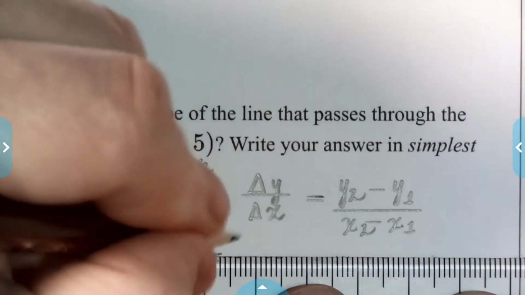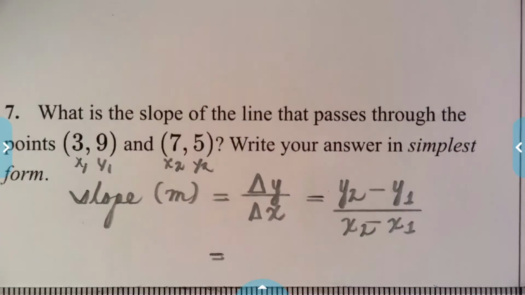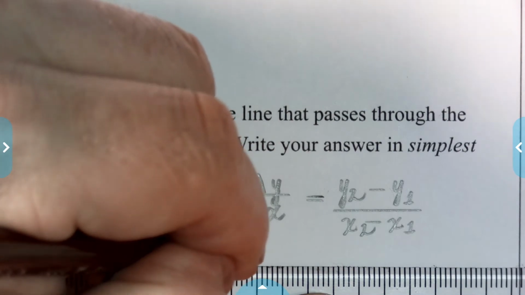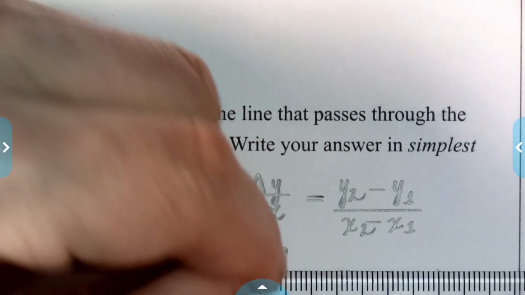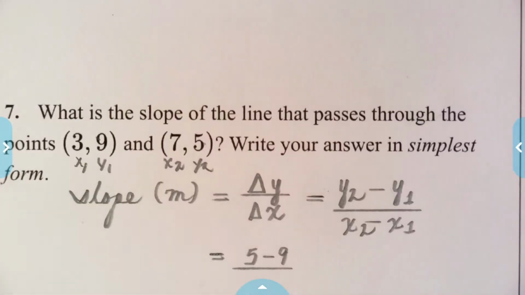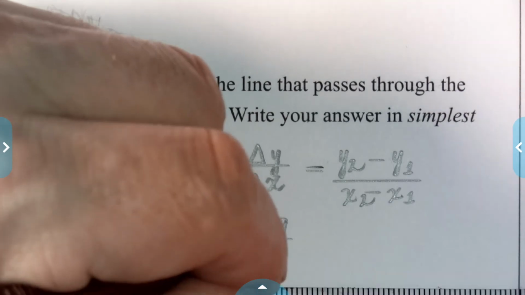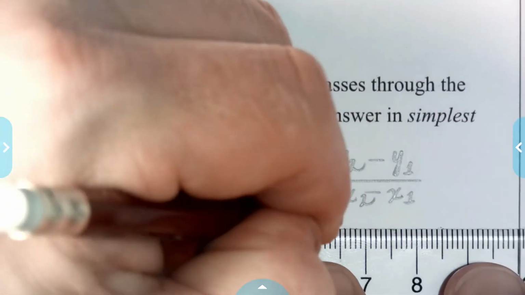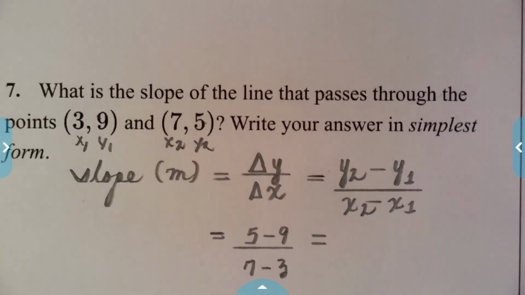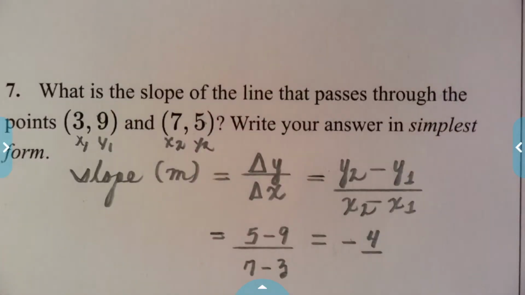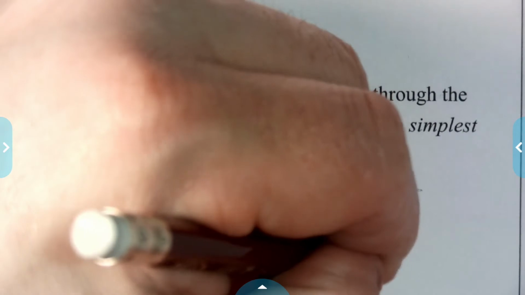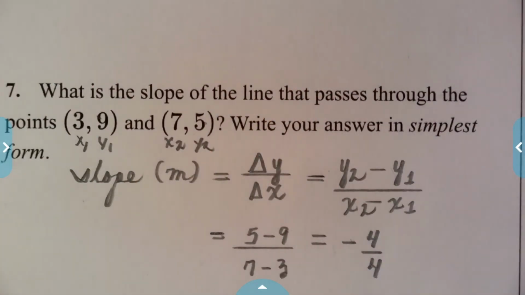So that's going to be 5 minus 9 over 7 minus 3. Okay, so 5 minus 9 is negative 4. And 7 minus 3 is 4. So that would reduce down to negative 1.